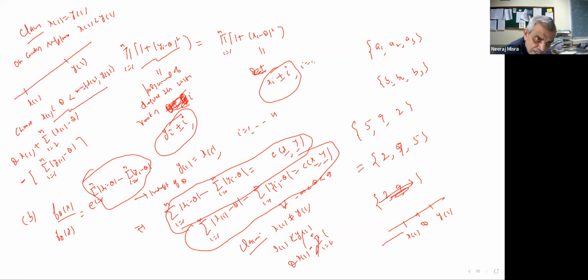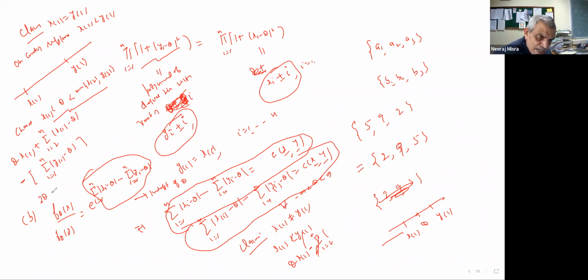Note that this is a non-empty interval because x1 is smaller than y1. I also know x1 is smaller than x2, so I can take the interval from x1 to the minimum of x2 and y2. Looking from 2 to n, theta would get cancelled, and the one theta makes it 2 theta.